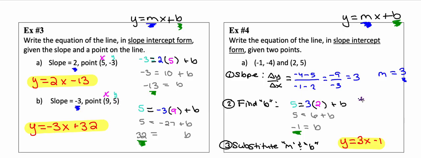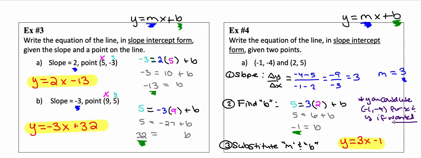At this step right here, step 2, you could use coordinate -1, -4 for the x and y. If you wanted to. You do not have to, you only have to pick one point.